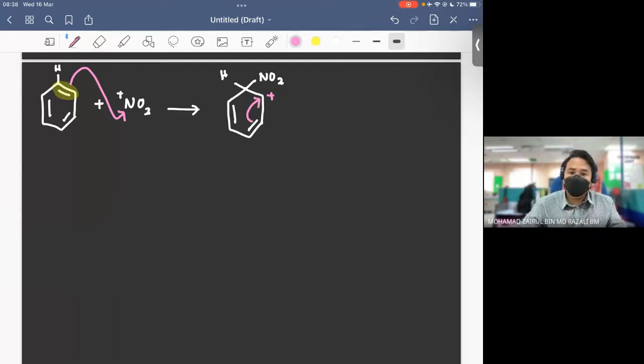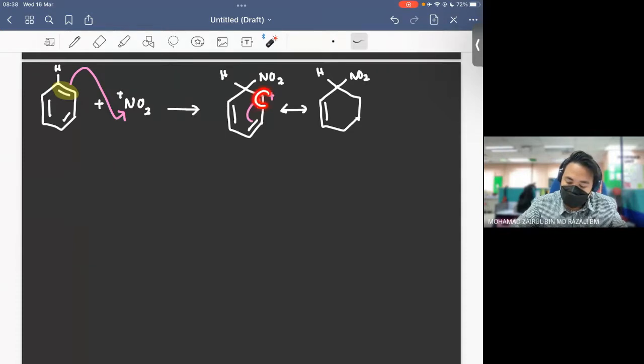So sekarang ini dia donate, so salin balik yang awak tak ubah tu. Okey, ni positif. Asal dia ada 2 elektron je, so dia dah dapat lagi 2. So bermaksud dia boleh form double bond.